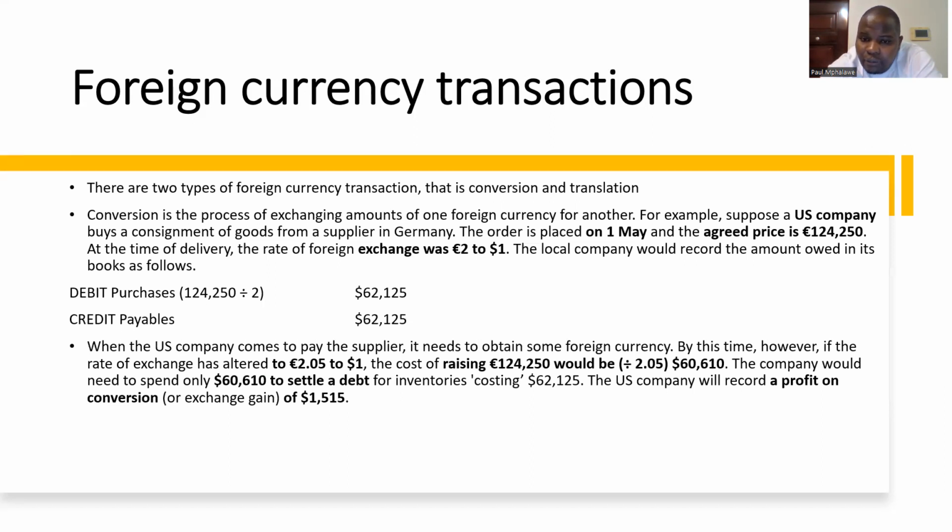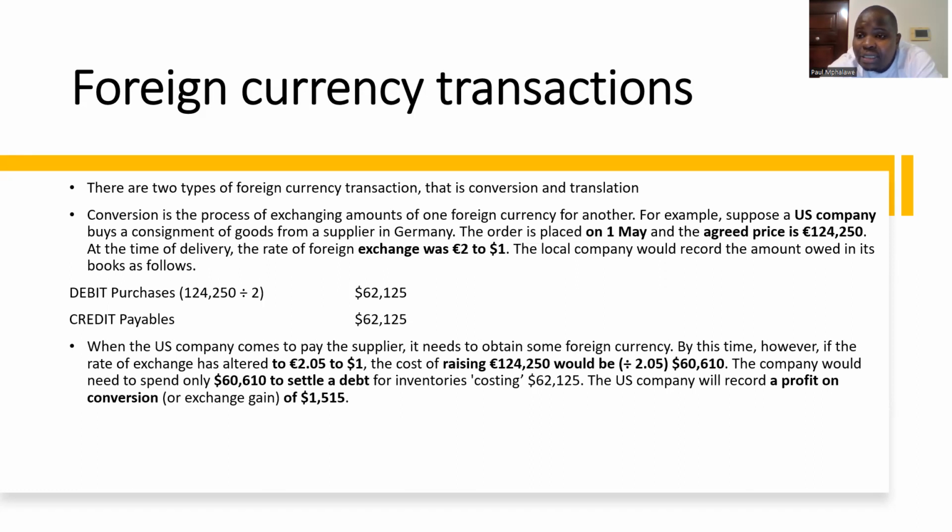It's going to go down because the rate increased. That is, the $1 is now buying 2.05 euros. The dollar has gained. So if you take 124,250 divided by 2.05, it's going to give us 60,610. The difference being 1,515. That is a profit recorded on conversion.